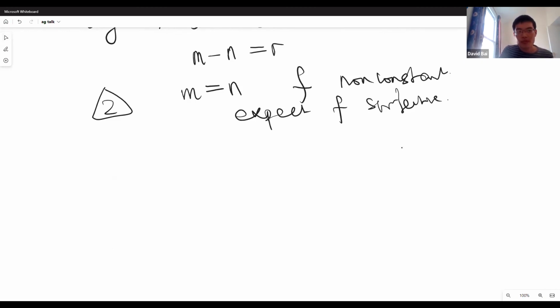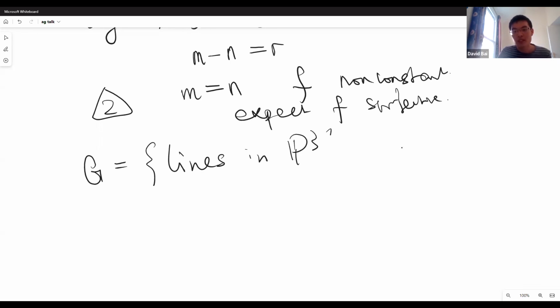And there is actually a third thing I'm going to quote, which might not be obvious, but okay. As I said, I let G be the set of lines in P3. It's an absolutely enormous set, but the fact is G has dimension 4.